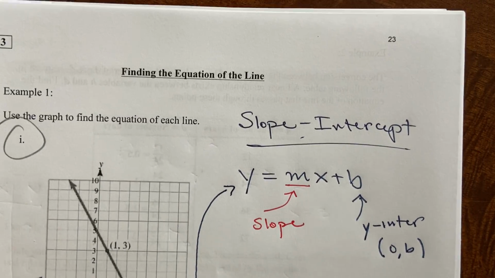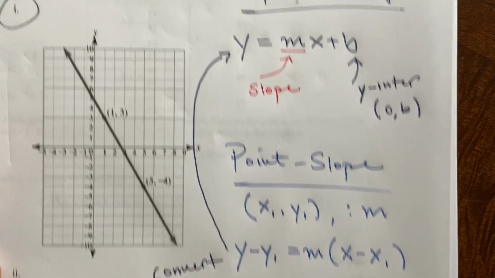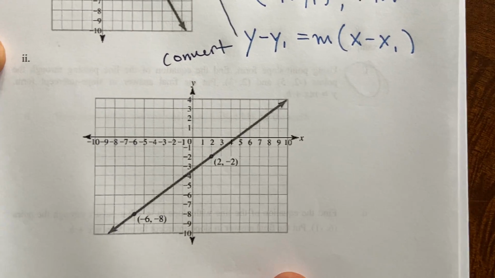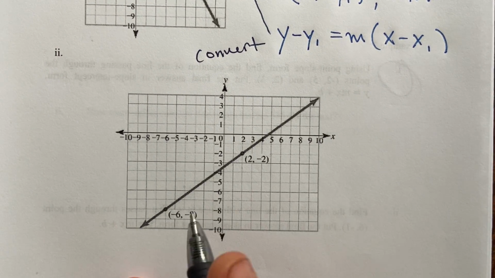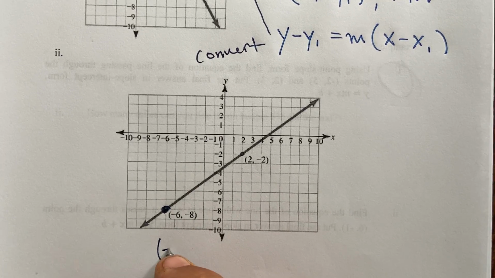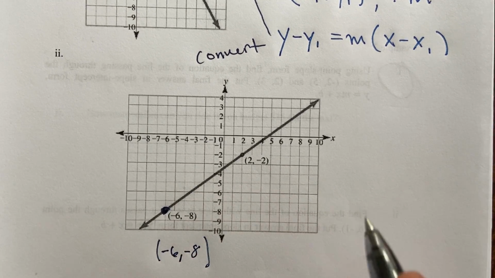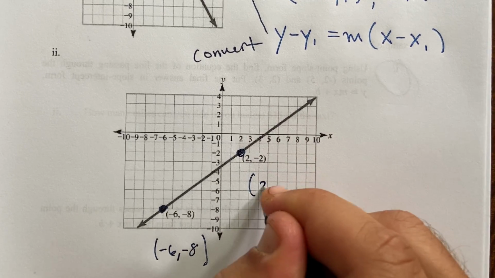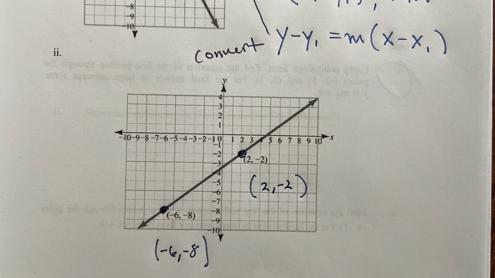So it says, use the graph to find the equation of each line. Looking at this graph, I see for sure a point here at (-6, -8), and for sure a point here at (2, -2). With those 2 points, I can find all the information. To find an equation of a line, you either need 2 points on the line or a slope and a point.